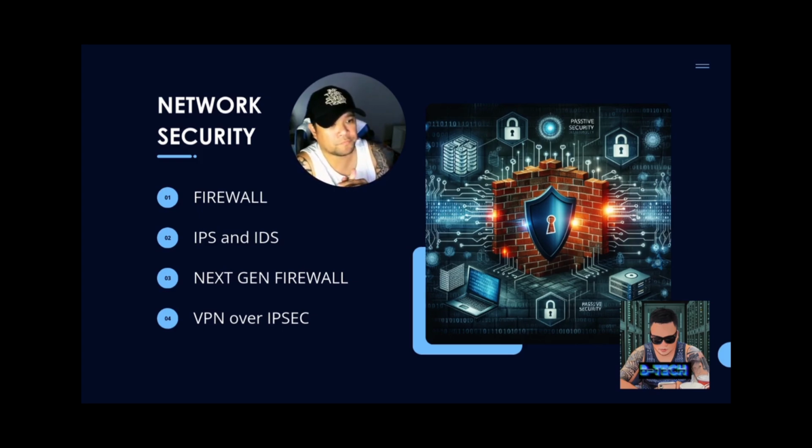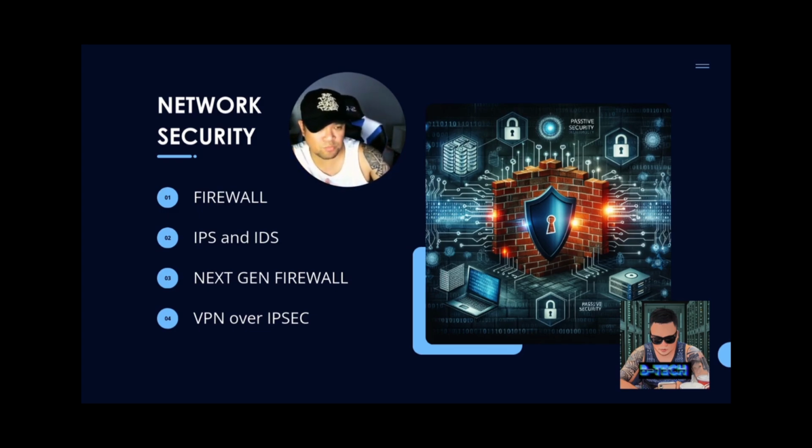So the first device in my list is called a firewall. Firewall is a very powerful device as long as you know how to configure it properly. The second is the IPS and IDS. IPS stands for Intrusion Prevention Systems, and IDS stands for Intrusion Detection Systems.